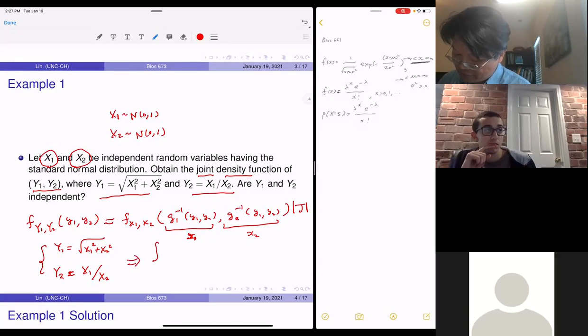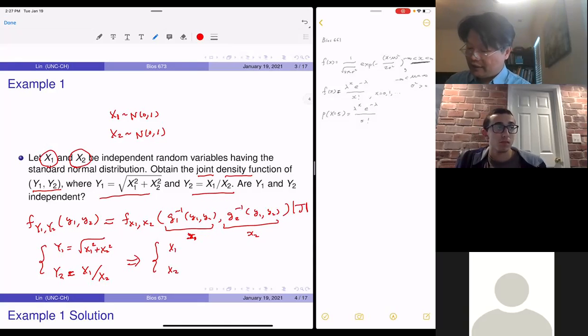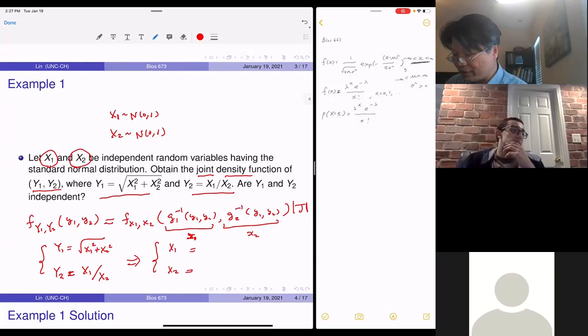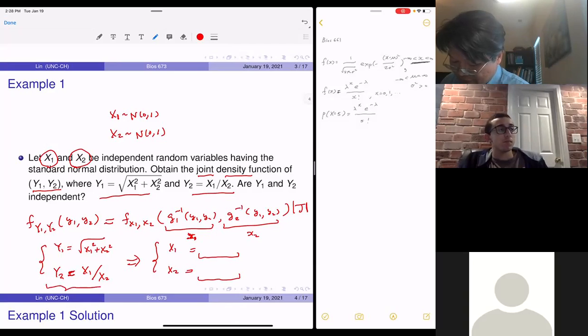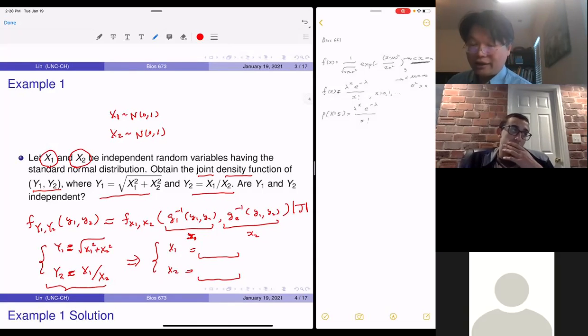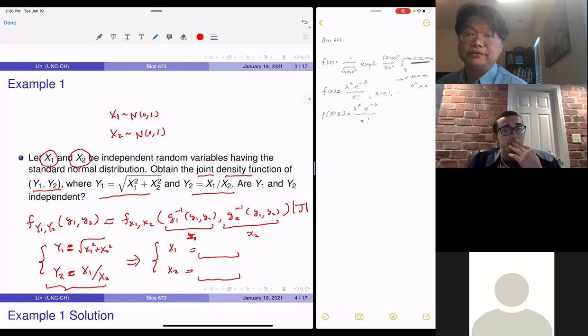Do your best to write x1 and x2 on the left-hand side, and put everything in y1 and y2 on the right-hand side. That's the inverse function. But look at this right here. Could you actually find x1 and x2 on the left-hand side? You have x1 squared and x2 squared in y1 right here. I think your life will become more difficult if you do that.